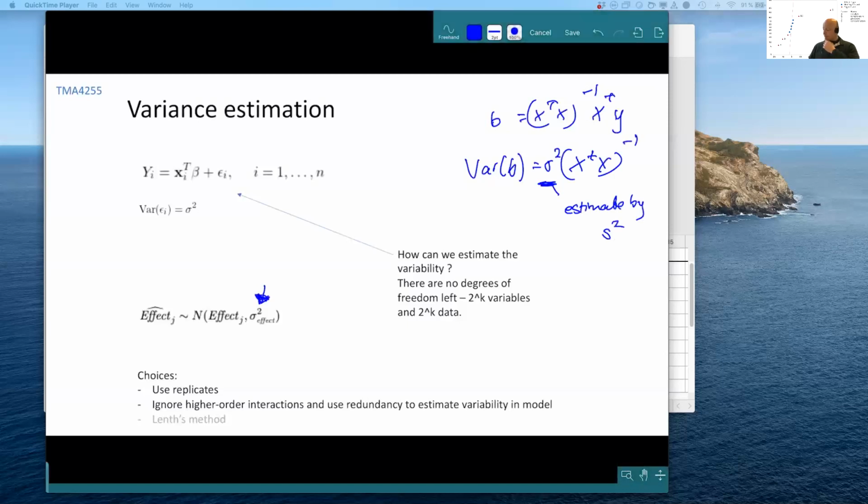But this is not so easy to do when there's no degrees of freedom left for SSE. We have 2 to the power k, or let's call this n, experiments, and we have as many factors. So what is done here is to either assume that there are some kind of replicate data. So that means we have many y's for each factor combination.